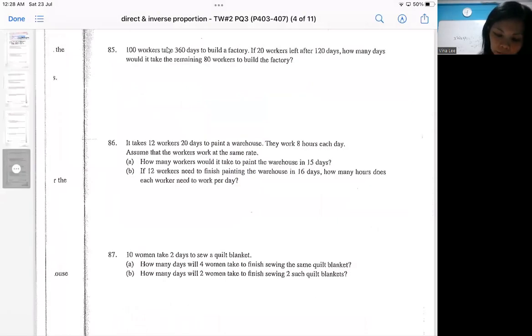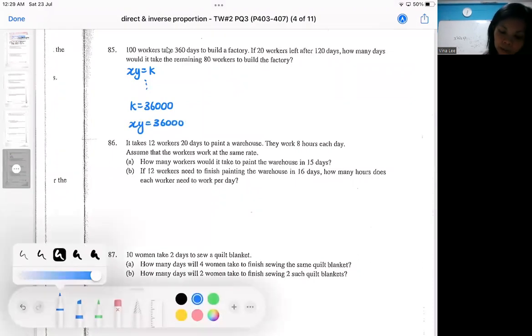I think I have to rewrite the equation. Just now, the equation was XY equals K, and we managed to find our K, and we got the main equation. So we stop somewhere there.